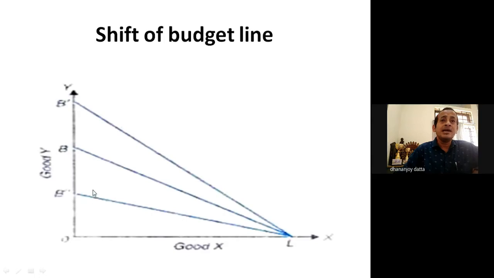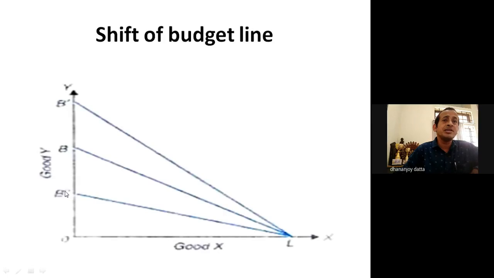Then if there is a decrease in consumer income, the consumer will purchase less amount of the good Y, so the budget line will move downward, and it may come to B double dash.